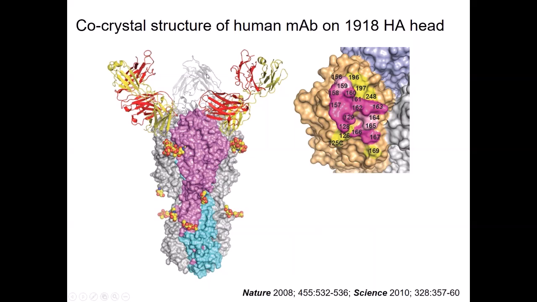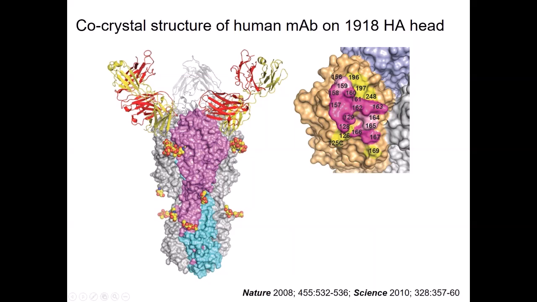So this is three copies of a Fab in ribbon representation on a space filling form with glycans of the 1918 HA. And the receptor binding domain is right up here on the top of the head, and this binds sialic acid, which is the receptor for influenza.